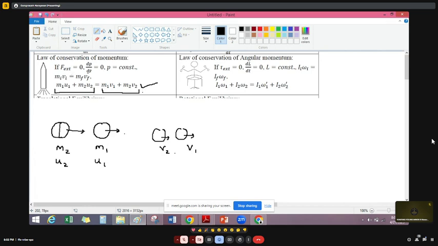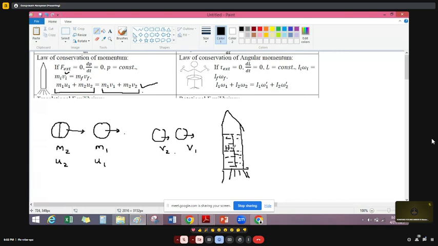Sometimes you will have only one object, okay? So for example, in the case of a rocket, initially it will be going with certain velocity. So that is your initial velocity. But then as the rocket is flying, what happens is the fuel, more than 80% of the rocket will be like hydrogen and oxygen tanks.